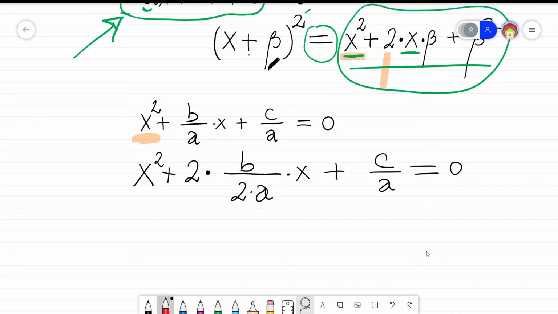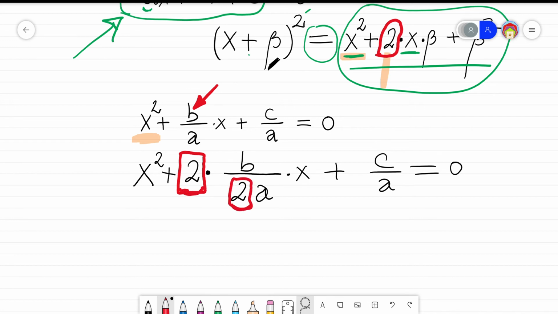So again, this is a horrible thing. I need this factor, this lovely number 2. Because I need it, I put it in here. But I cannot change the original value in the equation. So I need to get rid of this factor. How? Just dividing by the same guy.